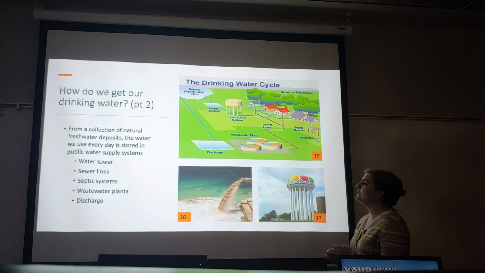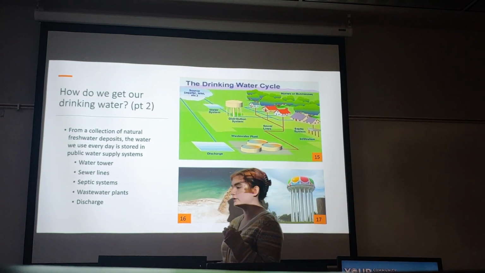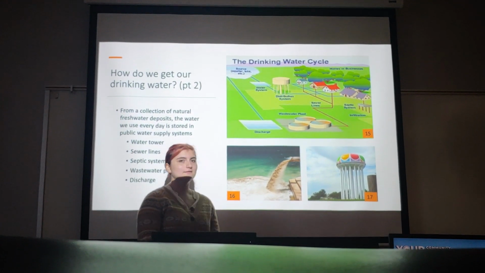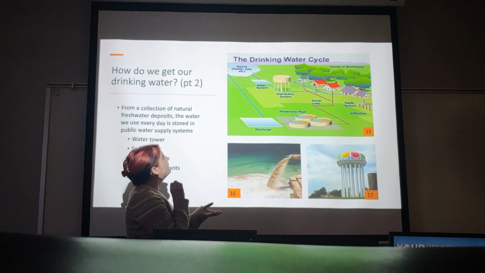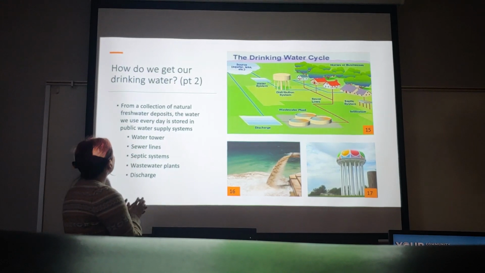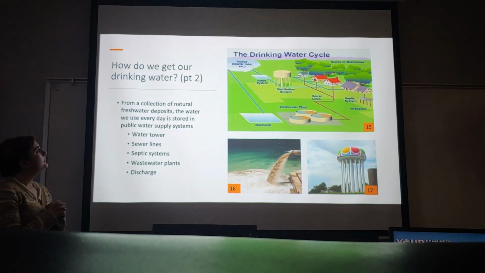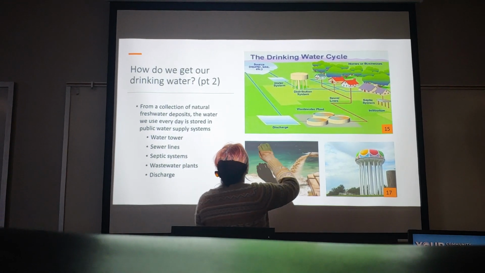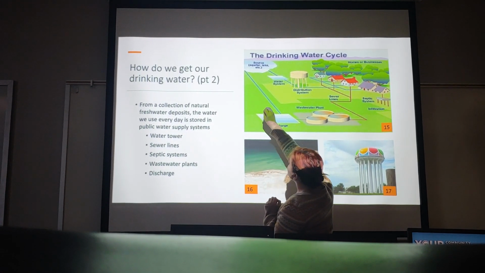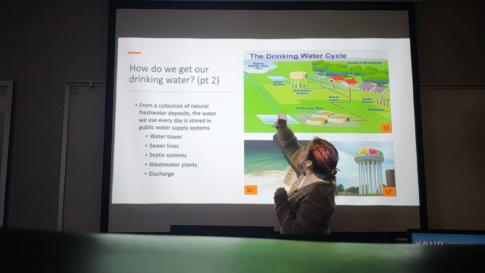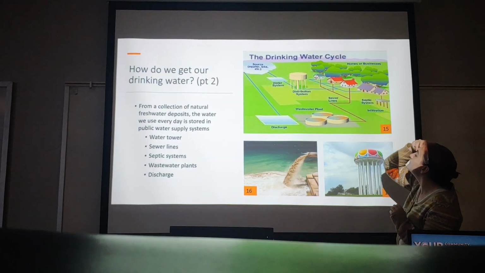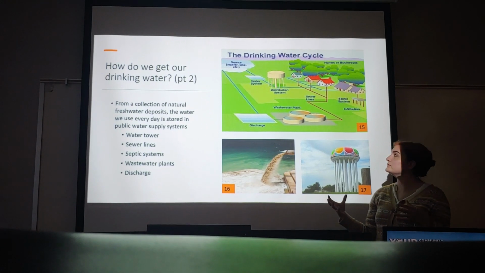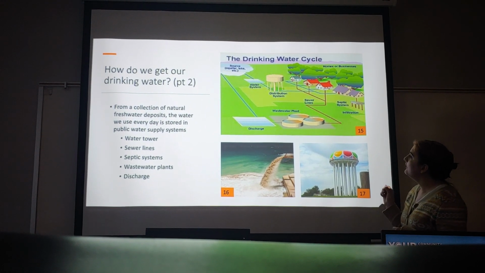All right, how do we get our drinking water? How does the water from the sky, rain to lakes get to our sinks? From this diagram, the cloud represents the rain, and then this portion represents how we need a large surface level system of water.